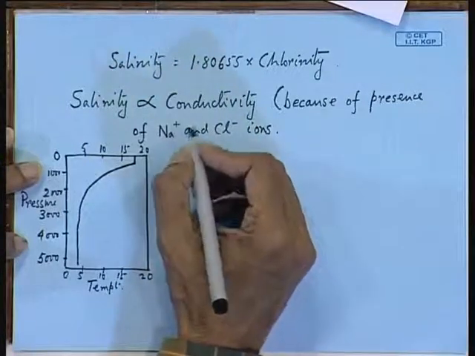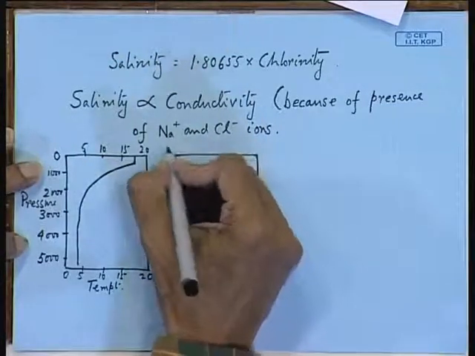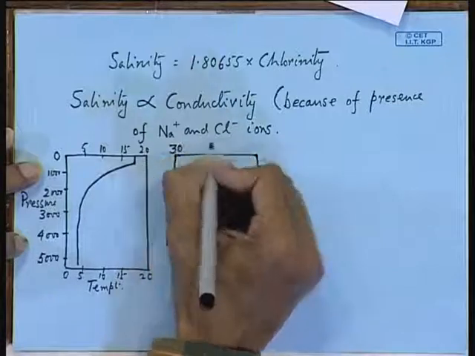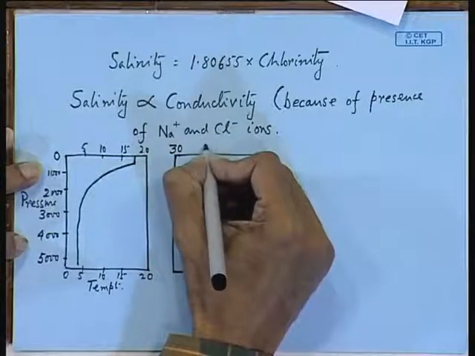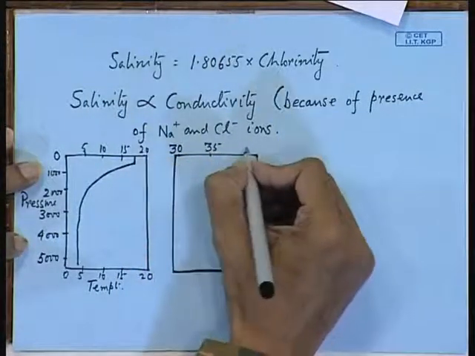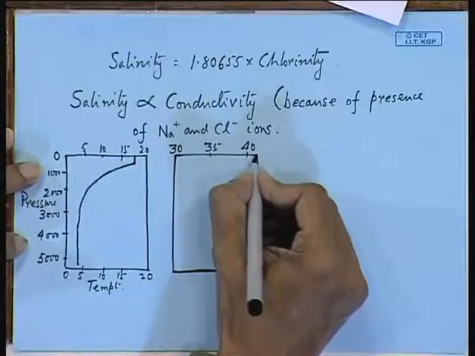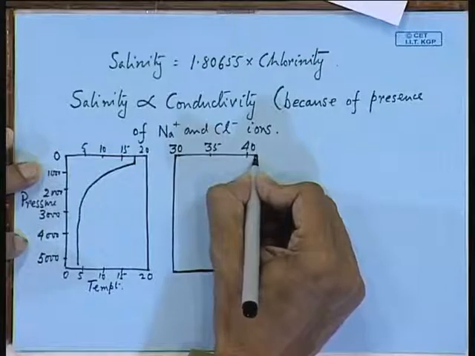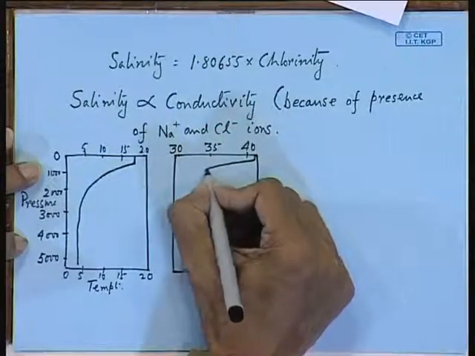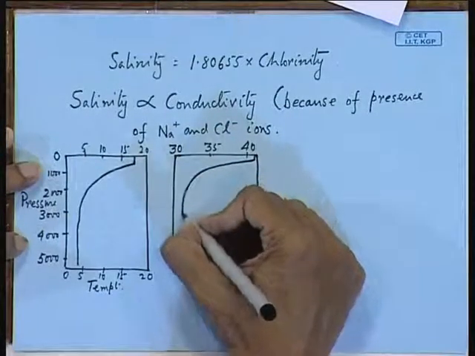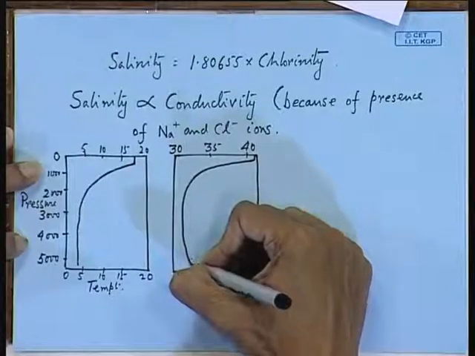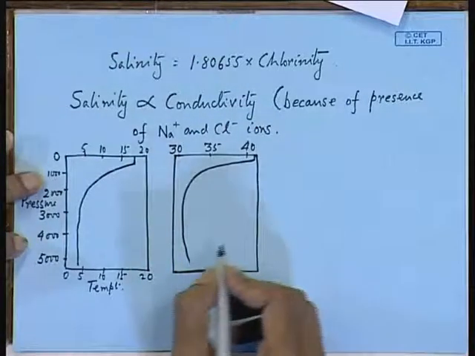Only conductivity variation will be, say, 30, this is 35 and this is around 40. You will find that it is nearly the same graph with a slight curvature at the bottom.